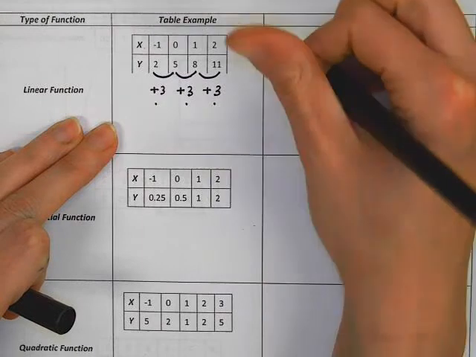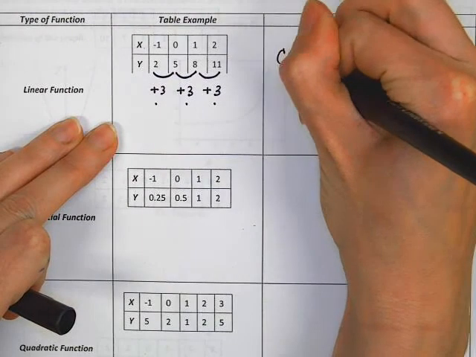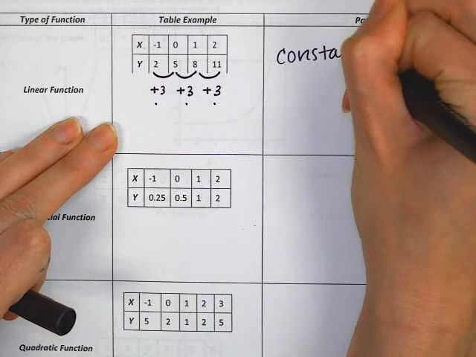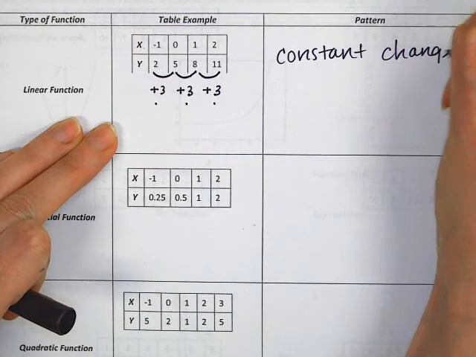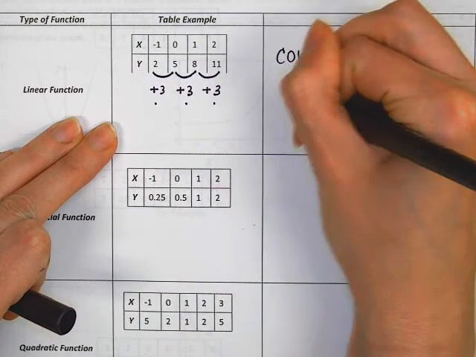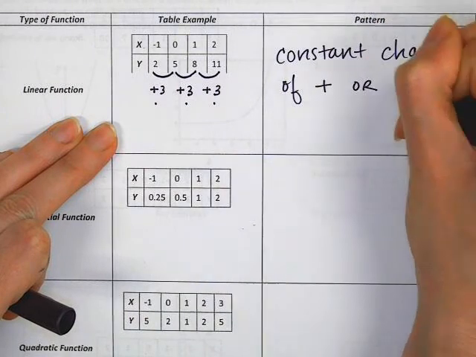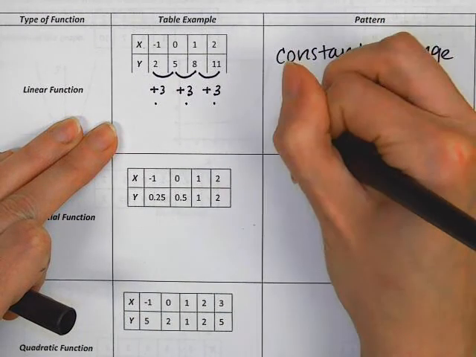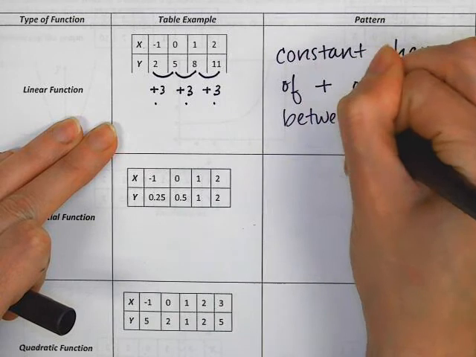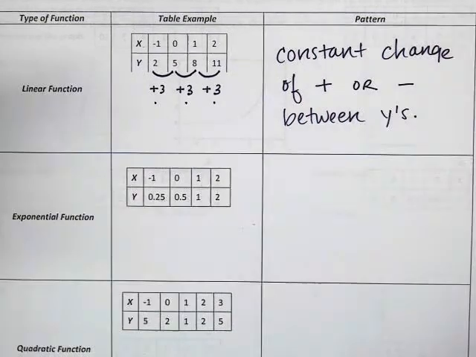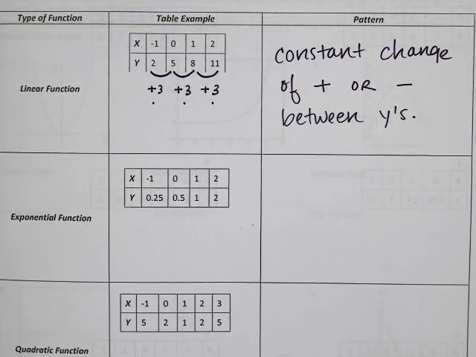So the pattern could be if there is a constant change of addition or subtraction between the y's. That would be a linear function.